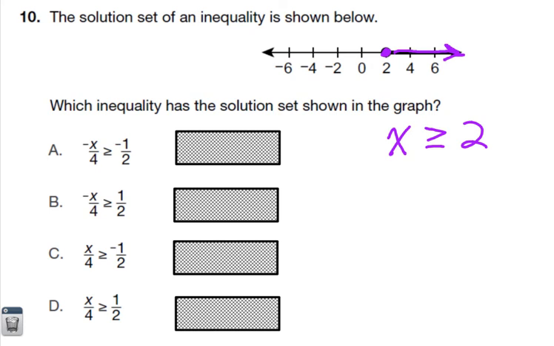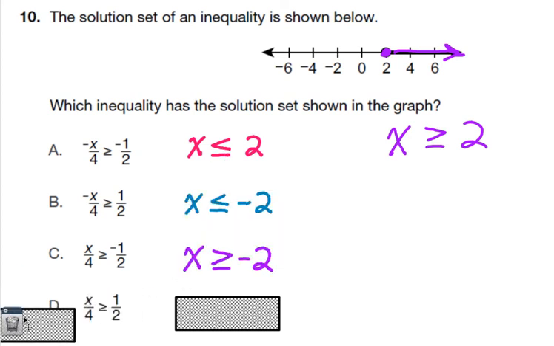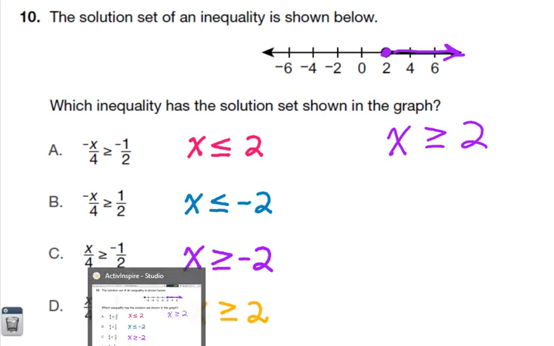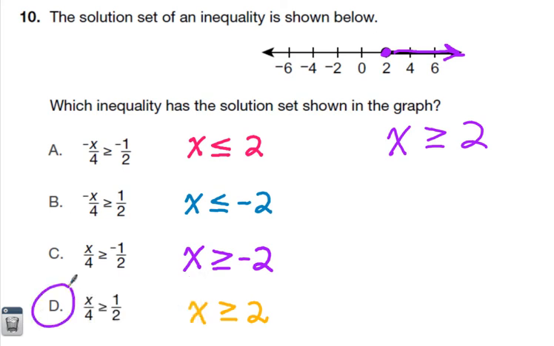So that's why in option A, it ended up being less than or equal to 2, because at some point, whether right away or in your second step, you're going to have to divide or multiply both sides by a negative number to get x by itself, okay? And that flips it to a less than or equal to. Again, cutting to the chase, multiplying both sides by -4, okay? D, check each answer once again.